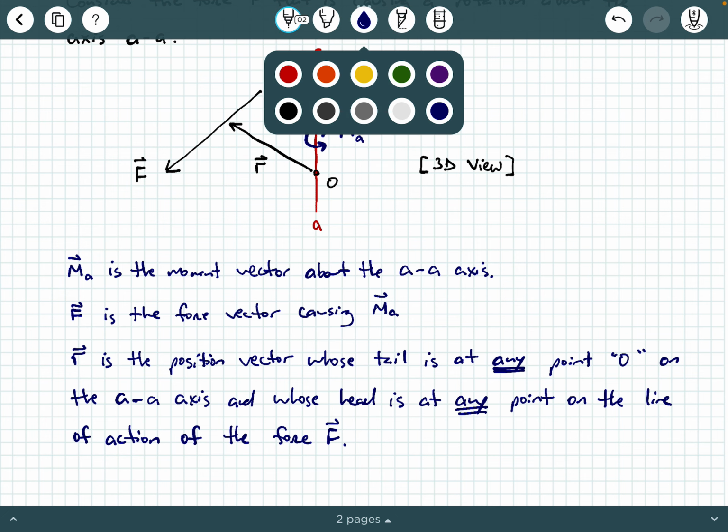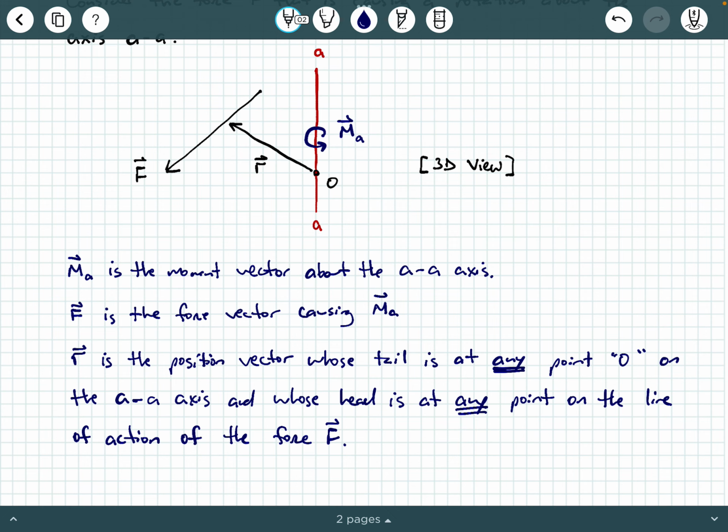So, you know, we could draw r, for example, like this. The tail could be up here, and r is defined right here. Or the tail could be down here, and r is defined like this, okay? So that's the cool thing about r.